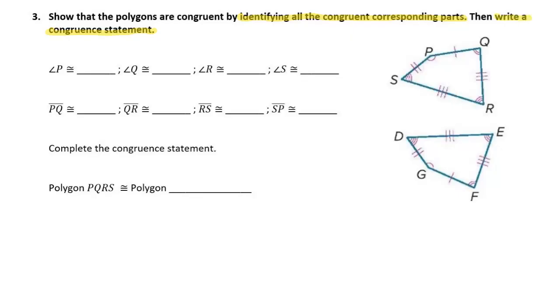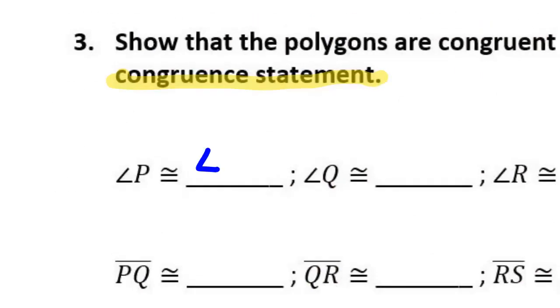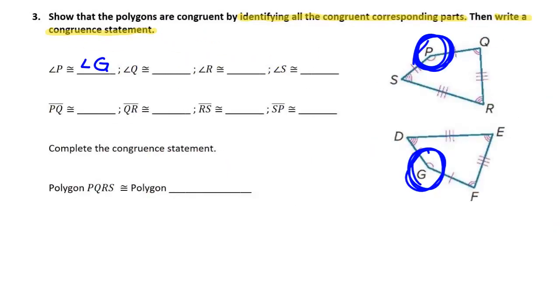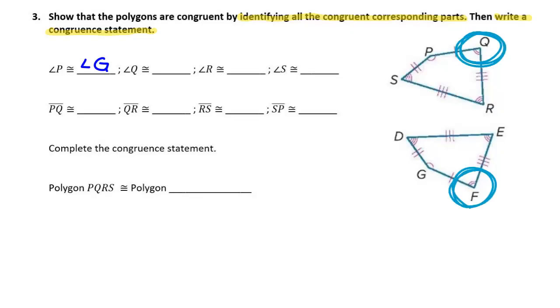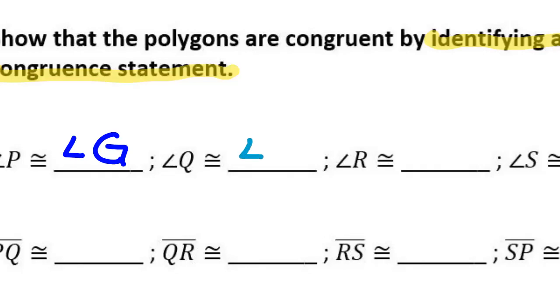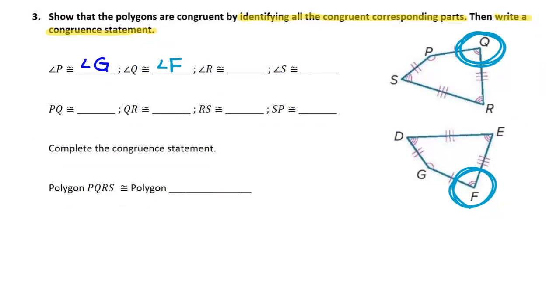So looking at this figure, what angle is congruent to angle P? Angle G, right down here. What angle is congruent to angle Q? F. Two arc marks, two arc marks. What angle is congruent to angle R?